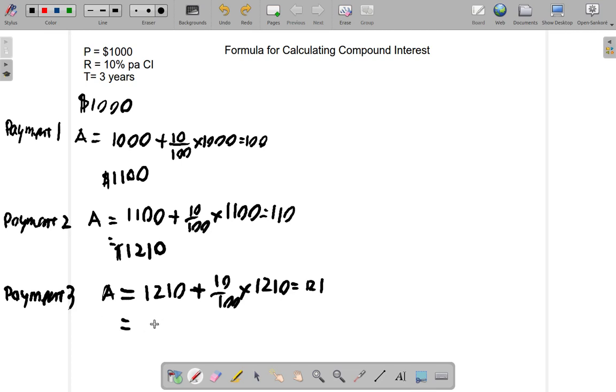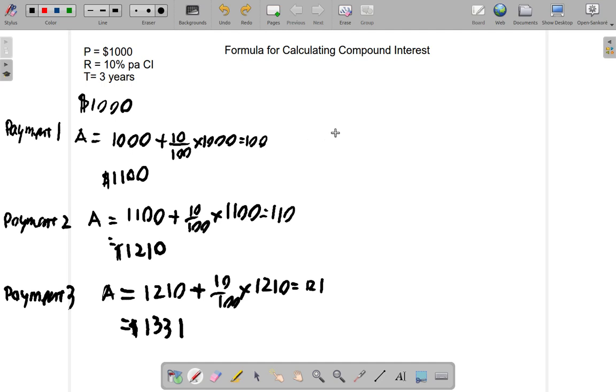So the total amount would be $1,331. All right, let's see what happened here.